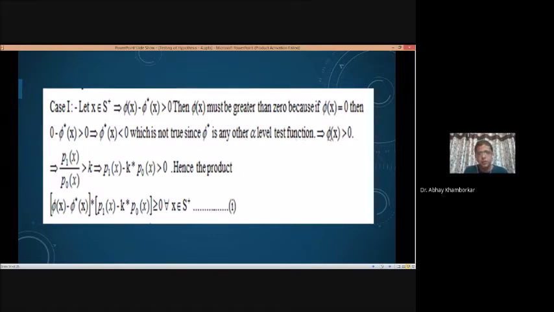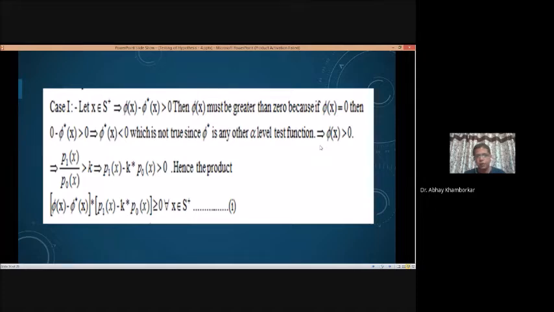This implies that phi of x greater than 0. So as soon as I say that phi of x greater than 0, just remember the test structure. कंडीशन बी अगर याद करो आप, उसमें है phi of x is equal to 1, phi of x is equal to gamma, phi of x is equal to 0.